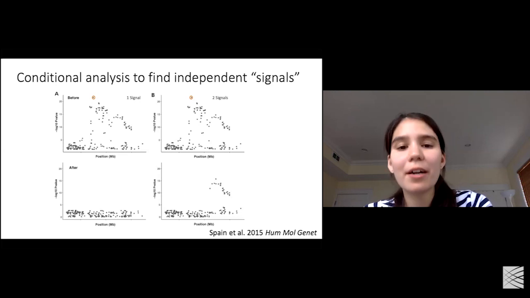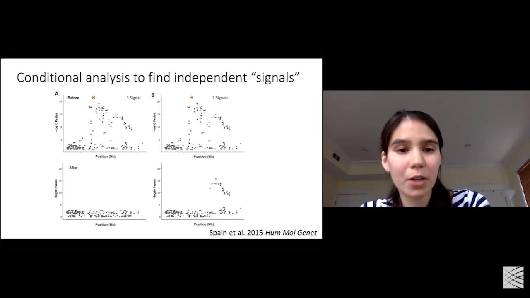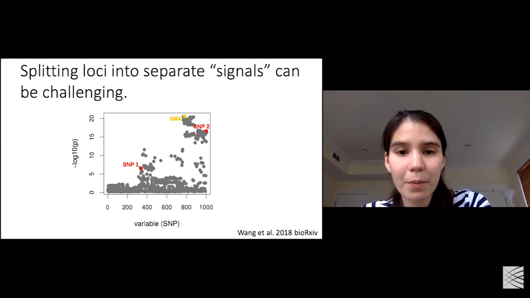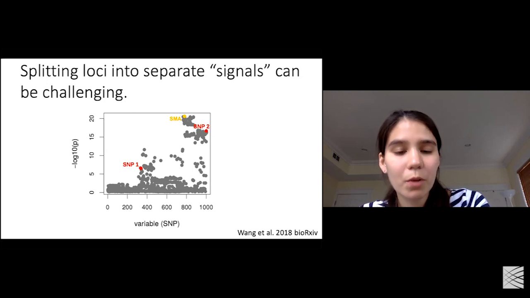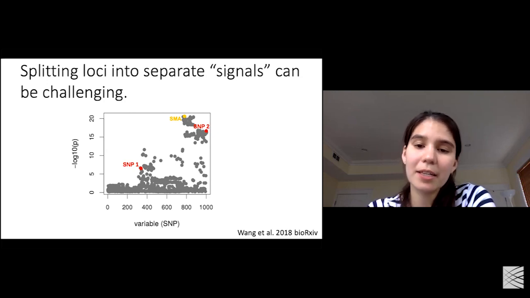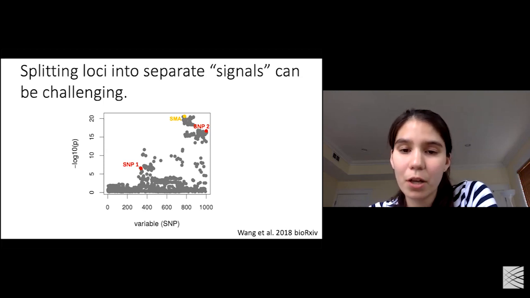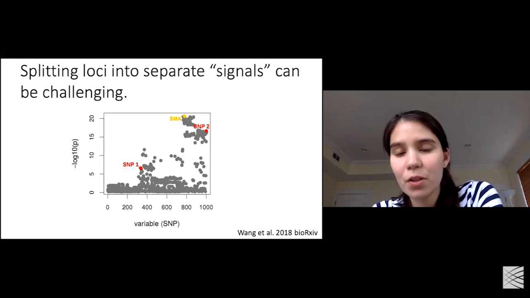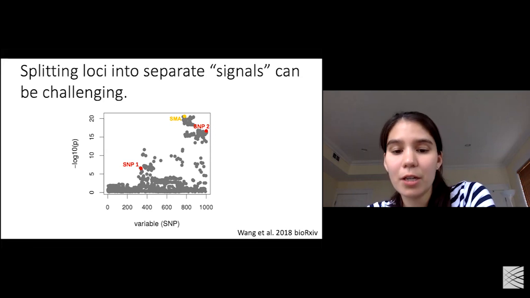One limitation is that there's no guarantee that your top variant is in high LD with a causal variant. Here's an example from the SuSiE paper, where they did a simulation where SNP1 and SNP2 are the causal SNPs, but because the yellow SNP tags both of the two red SNPs, it comes out as most associated, even though it's not in particularly high LD with either one of these causal SNPs.